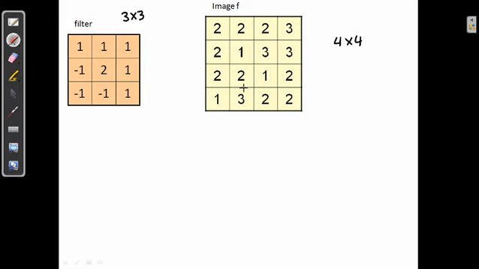Whenever you are performing spatial filtering, you will be taking the center pixel of the filter and placing this filter over the first pixel. This is your first pixel of the image.